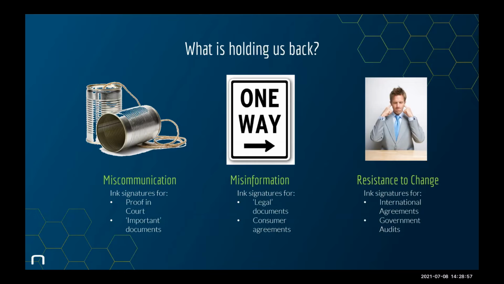And the last issue is also the resistance to change. Okay, people will go and say, no, we require this for government audits, or we require this for international agreements. That is not true at all.